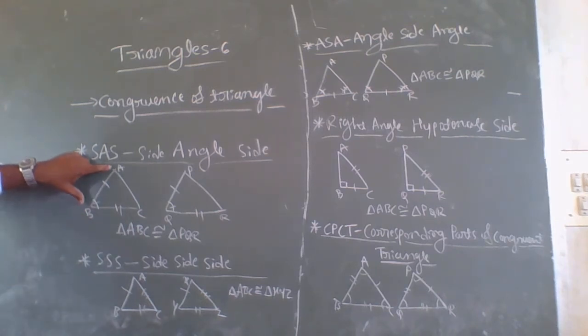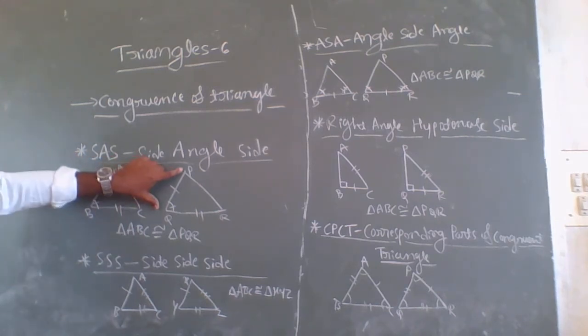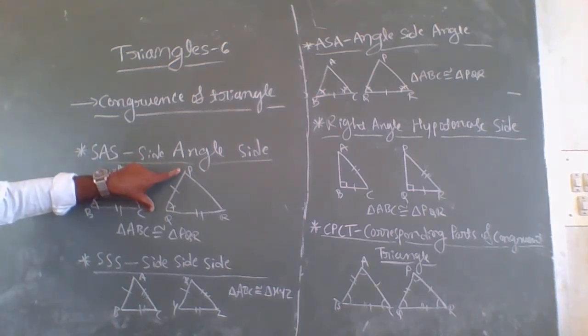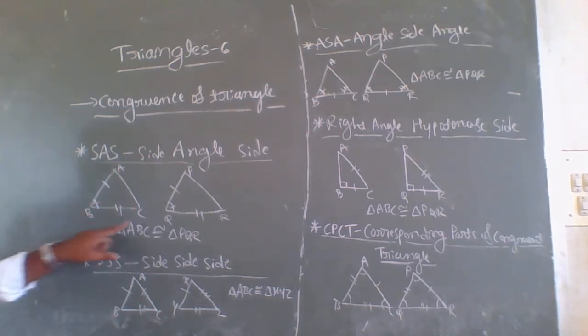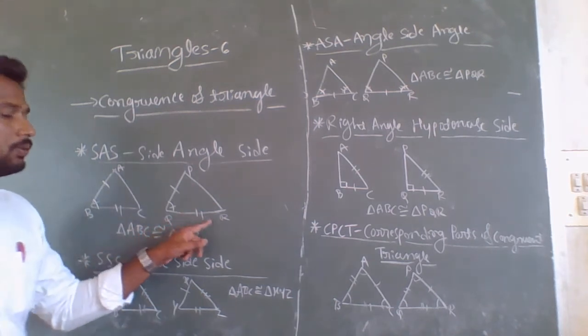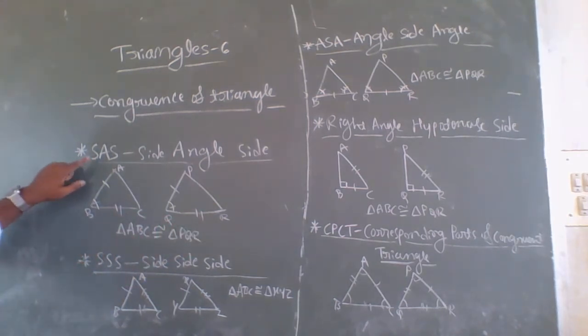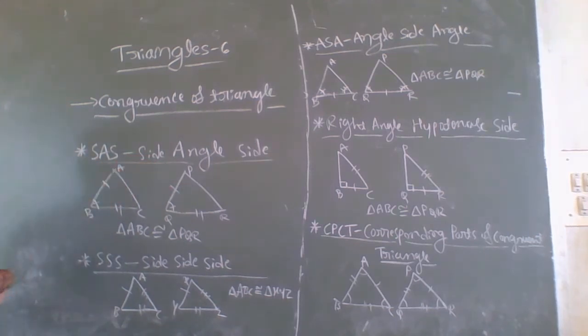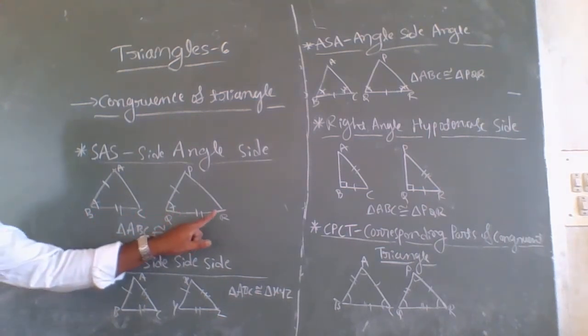So here side AB is equal to side PQ, and angle B is equal to angle Q. Like this only, side BC is equal to side QR. So side angle side means first this side equals this side, AB is equal to PQ, angle B is equal to angle Q, and side BC is equal to side QR.